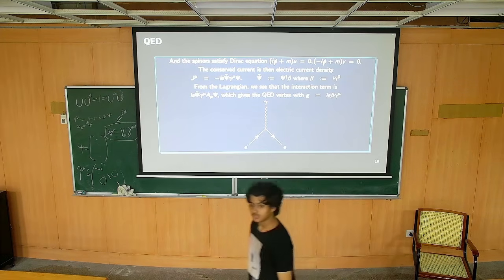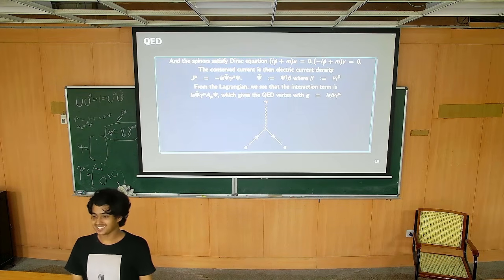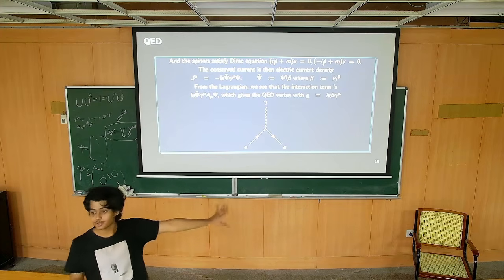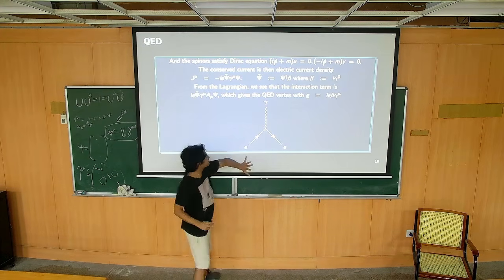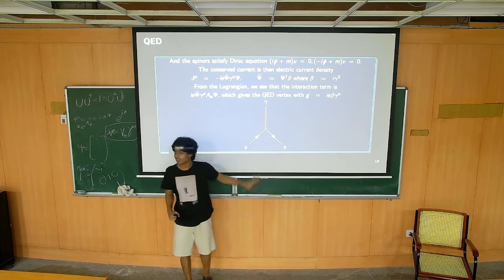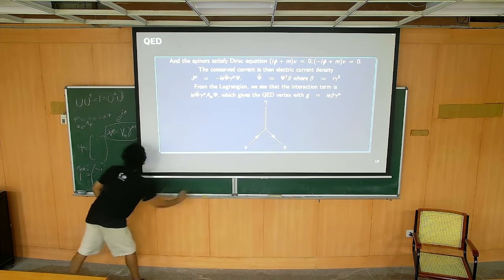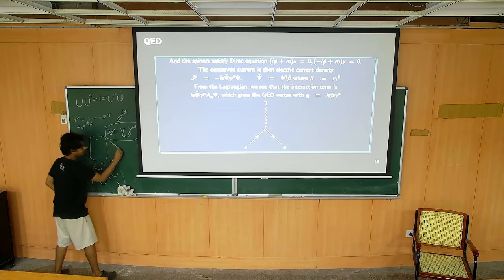There should be two photons, right? Oh, yes, I agree. You are saying that if you just consider this Feynman diagram and do the integral, you will get 0.